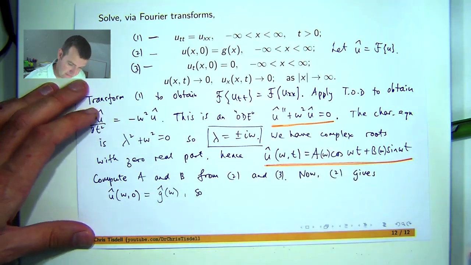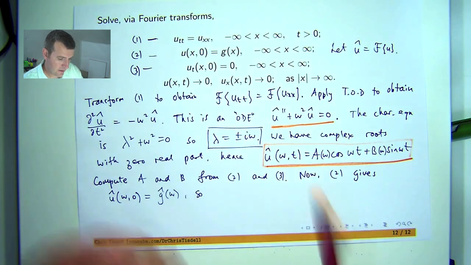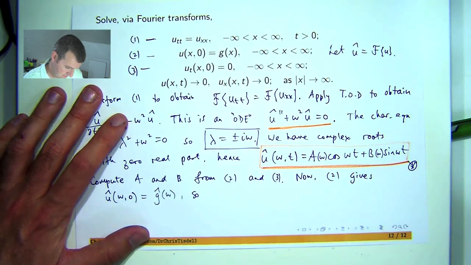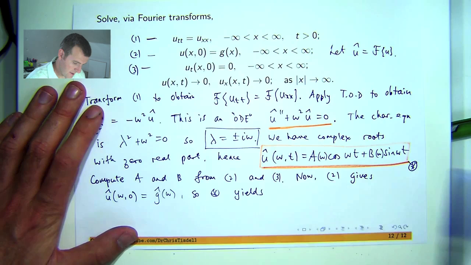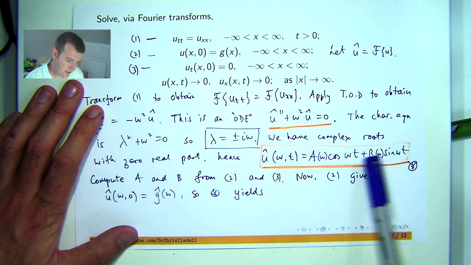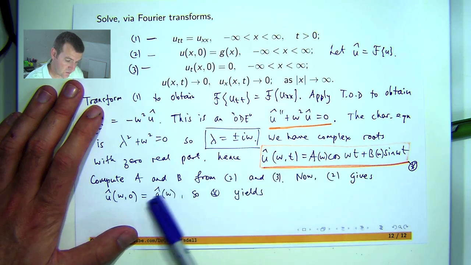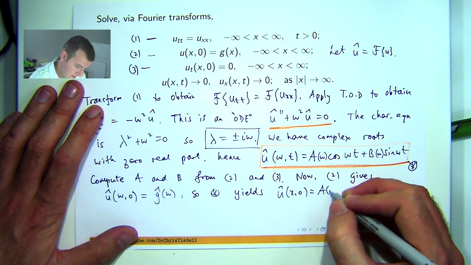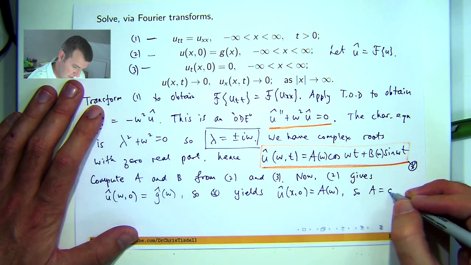So if I go up to my general solution, let's call it star, and plug in t equals 0, that term's going to disappear and I'll be left with A of omega times 1. And we know from over here that should equal G hat. So these things need to be equal, so A is just G hat.